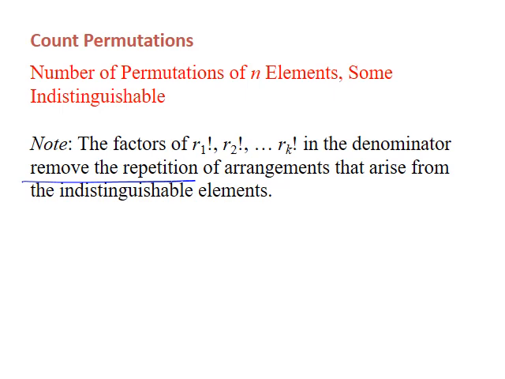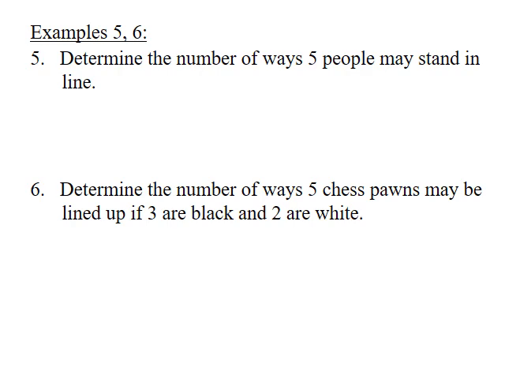Let's look at an example. Okay, so let's say we have 5 people and we want to put them in line. Again, sometimes it's helpful to draw this out. Well, for the first spot in line, there are 5 choices.